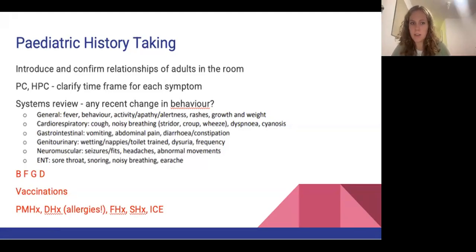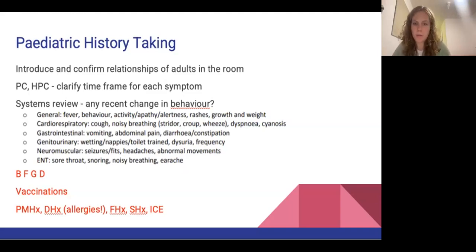It's really good if you can to have a look at the vaccination schedule on PassMed, and have a general idea of when you're supposed to have these things. So always ask if they've had them. And then past medical history as usual, drug history and allergies, and then family history, and then social history again is really important.